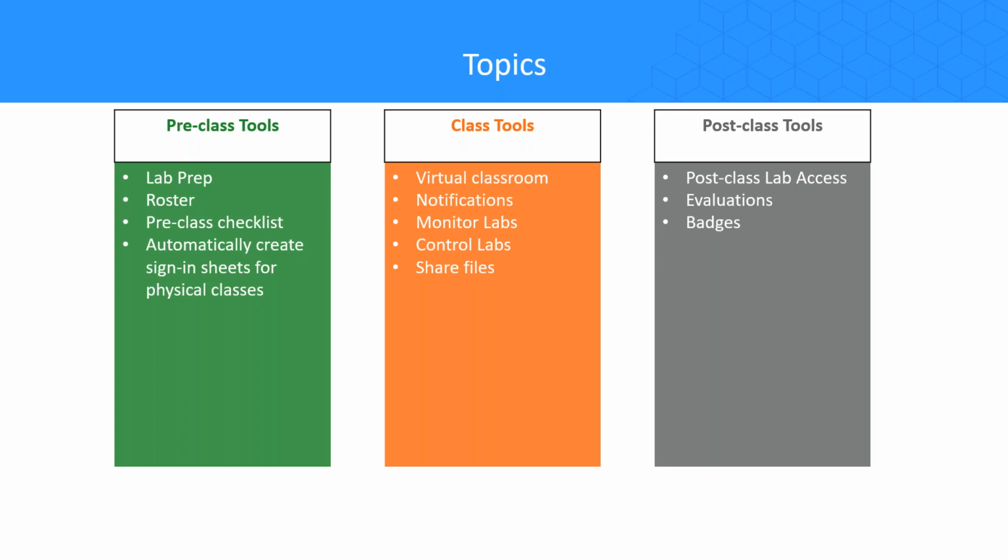You have a whole history with them as well. The pre-class checklist gives you the capability of making sure that they have received all of the materials. And even if we don't have a lot of physical classes going on right now, if you do eventually have physical classes, you can even print out a sign-in sheet for each day to be able to keep track of things.